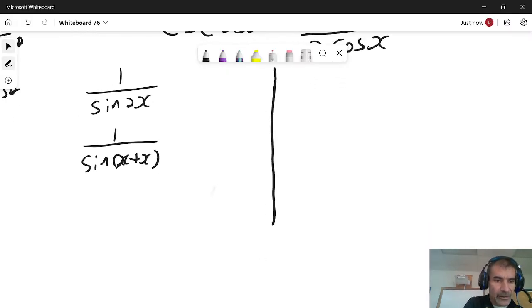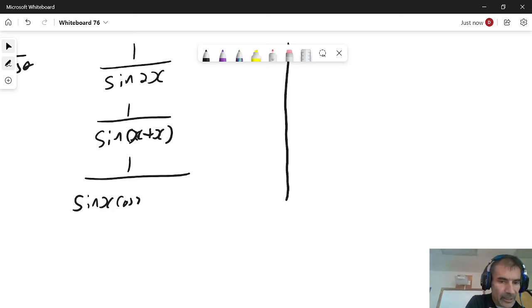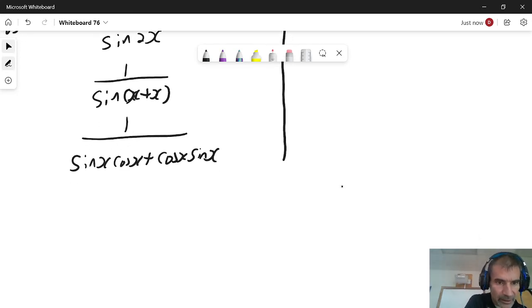So the sine of x plus x is the sine of x times the cosine of x plus the cosine of x times the sine of x. Well, they're the same thing. They're both the sine of x times the cosine of x. So this is 1 over 2 sine x cos x.